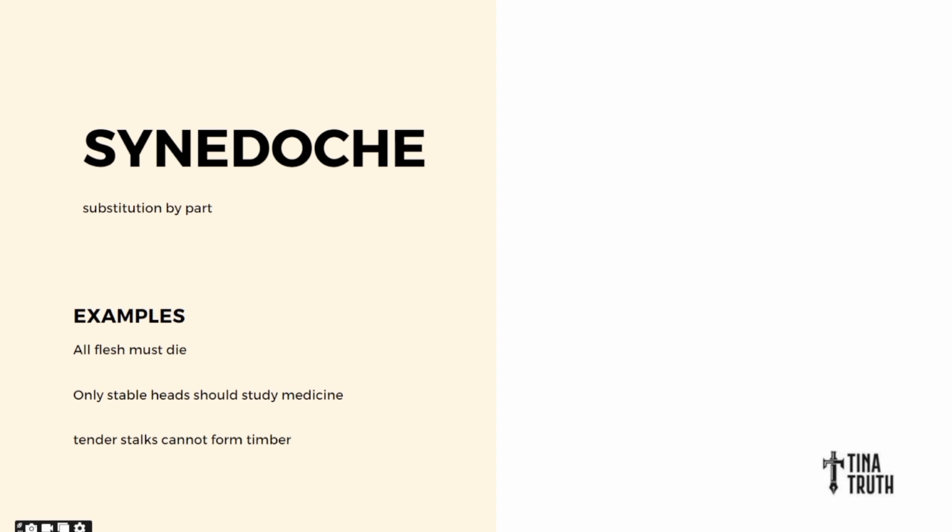But I'm referring to them as tender stalks. I'm using a part of that tree to represent the whole tree, and that is what synecdoche does. Tender stalks cannot form timber is a synecdoche, because we're using stalks to represent an entire tree that is living. But because it's tender, we're saying it cannot form timber.